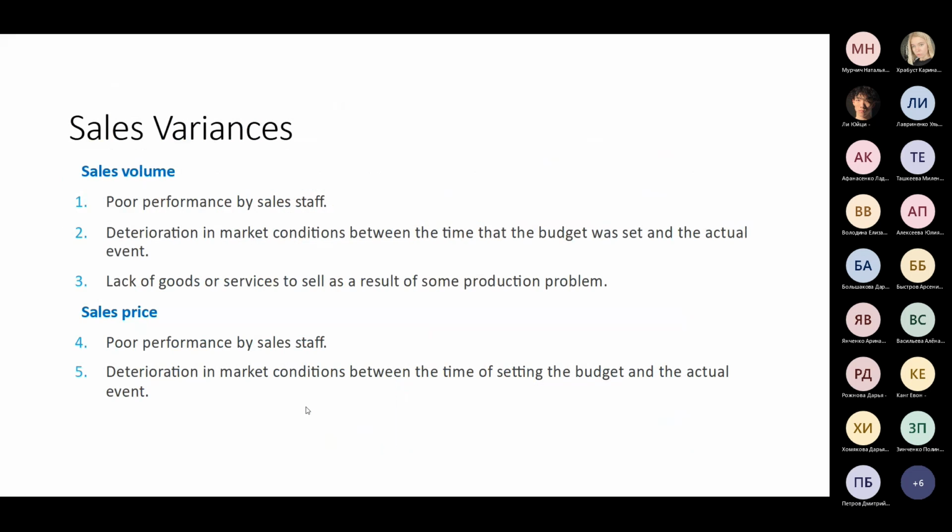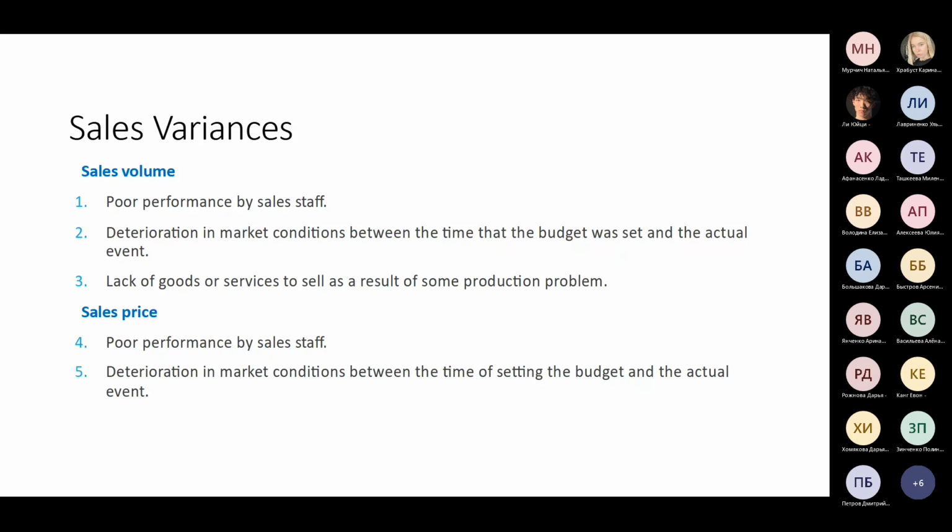So how do we analyze variances from a technical point of view? Let's start with the quantitative analysis. First of all, we start with sales variances. As we usually start the budgeting process with the sales budget, we start quantitative analysis with the analysis of sales variances. So why do sales variances exist?